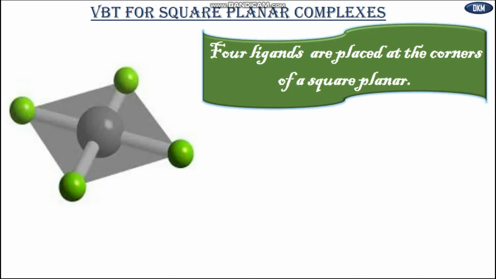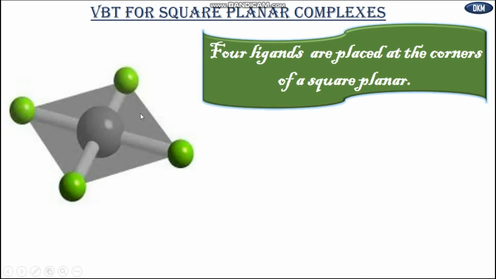Okay, now look at the square planar complexes in the light of valence bond theory. In square planar complex, 4 ligands are placed at the 4 corners of a square. Look here. All the ligands are placed in the xy plane and they are placed in the corners of a square.